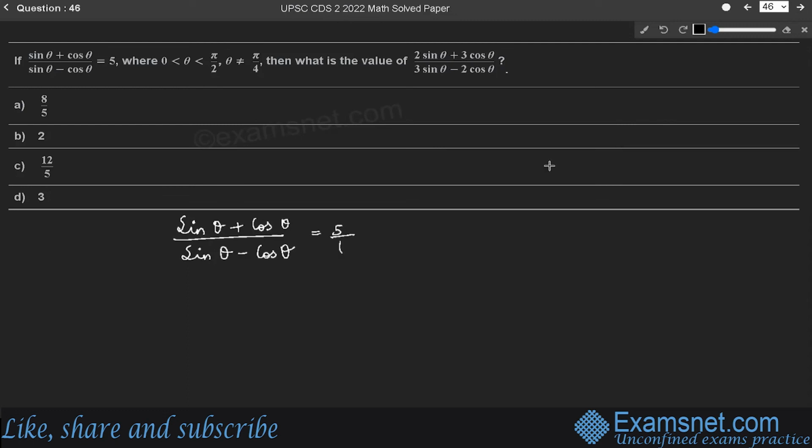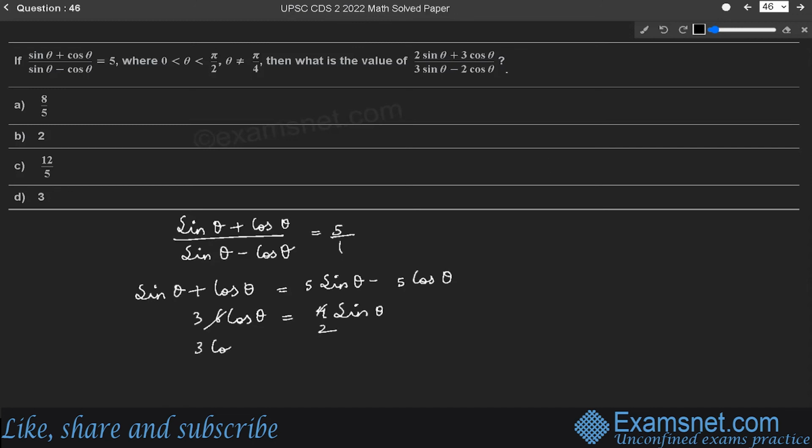Now cross multiplying, we will get sin theta plus cos theta is equal to 5 sin theta minus 5 cos theta. Now taking sin theta on one side and cos theta on another side, we will get 6 cos theta is equal to 4 sin theta. On cancelling it by 2, it will be 3 and it will be 2.